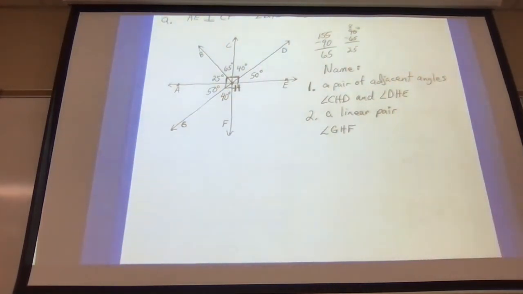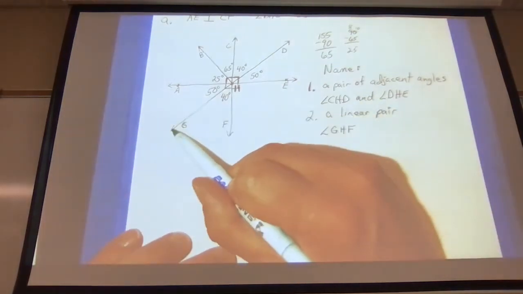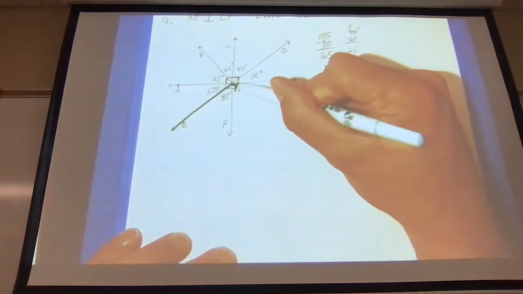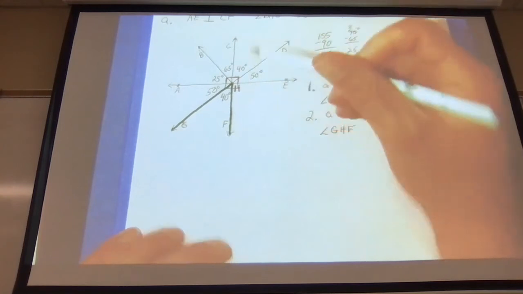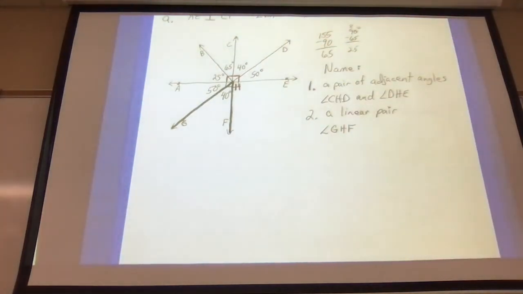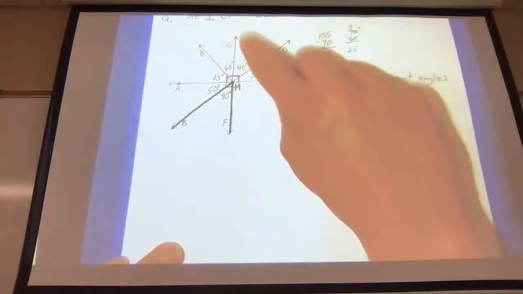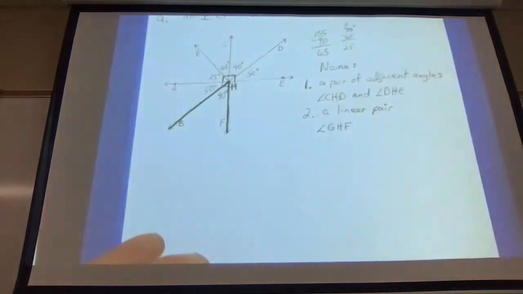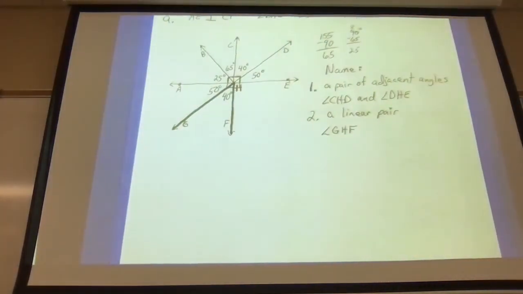Let me put some color on this. That thing in green. I want to get a straight line out of that. Ava, what would I have to put next to it? CH what? CHB. Up here? Nope, those two are not next to each other. Dean, try again. CHD.